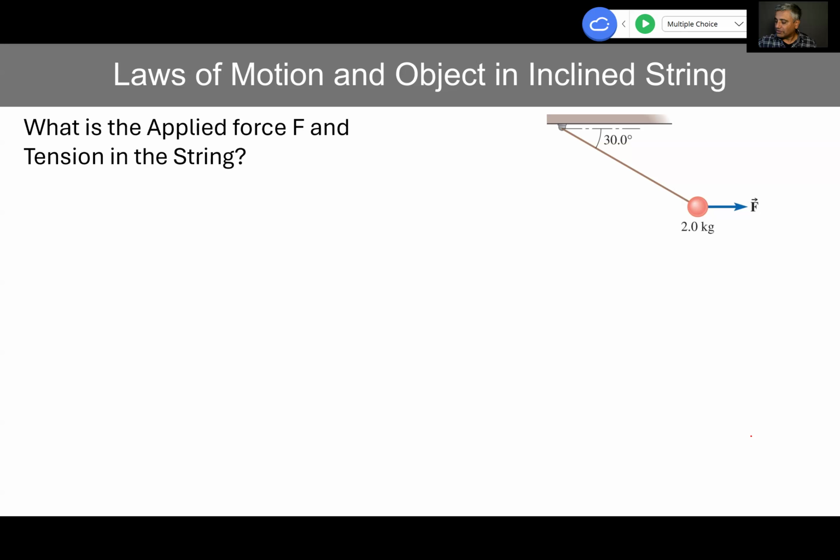And that's the kind of situation it's talking about. So there is this mass and a force is acting something like this. The mass is given, which is 2 kilograms. And there is this angle. Let's say that angle is theta. So theta is 30 degrees.